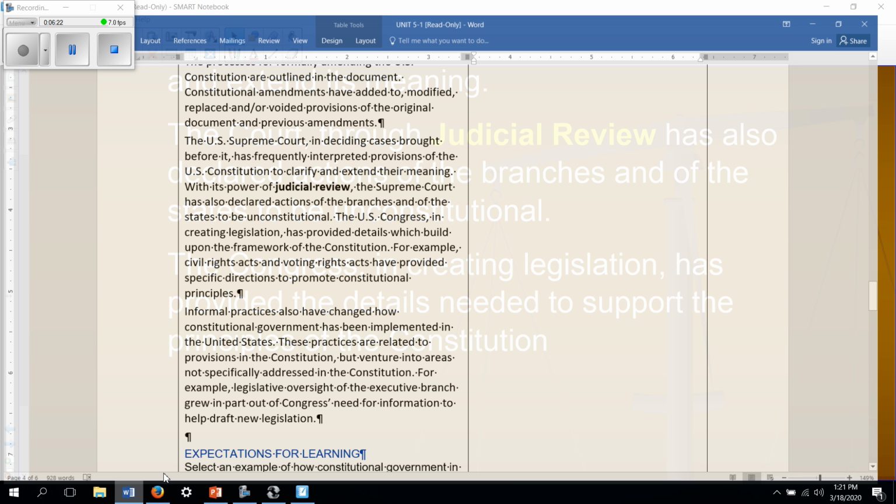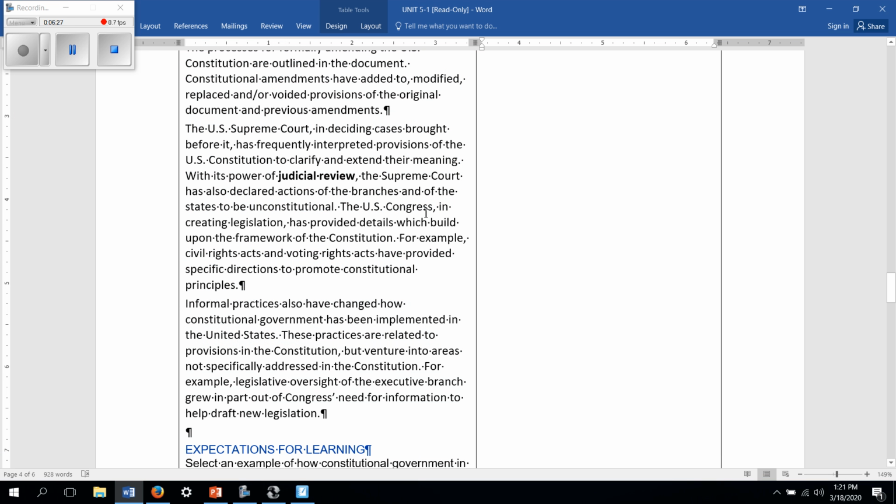Now, this idea of judicial review, I also reinforced by showing you the movie Gideon's Trumpet. That was a perfect example of an individual identifying a wrong and going to the Supreme Court, and of course the Supreme Court agreeing. Most of the time it's Congress that does this.